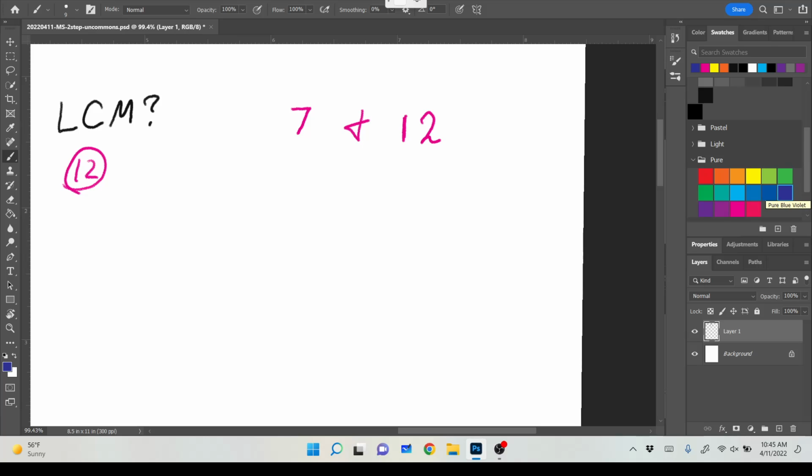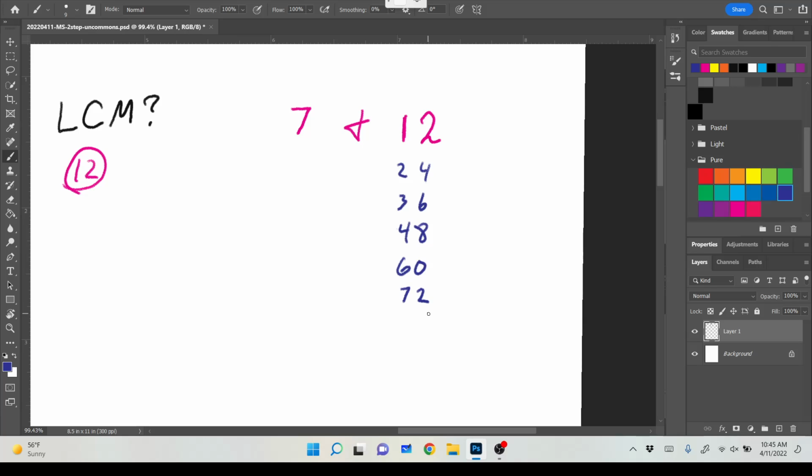So what are the multiples of 12? 12, and then the next one, 24, and then 36, and then 48, and then, well, we've gotten 12 times 4, so 12 times 5, so we're just adding 12, yeah? 60. And then 72.